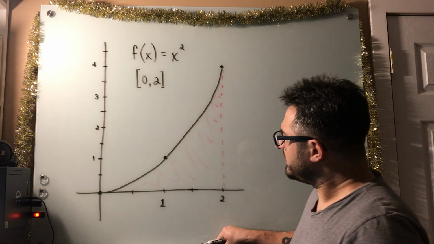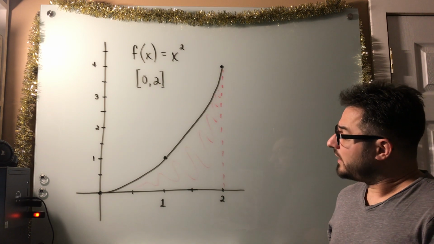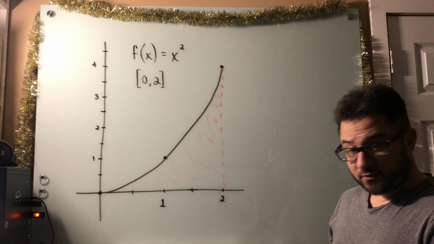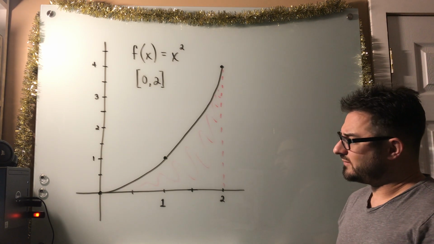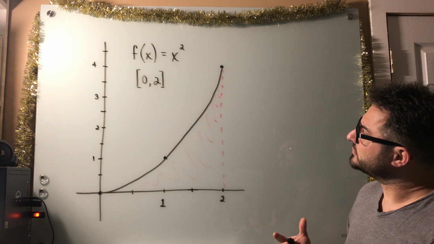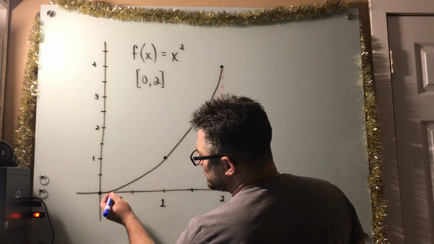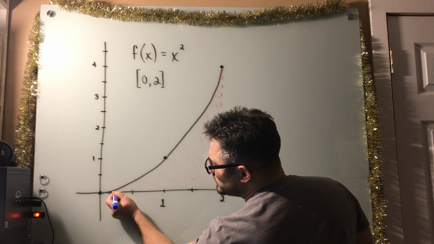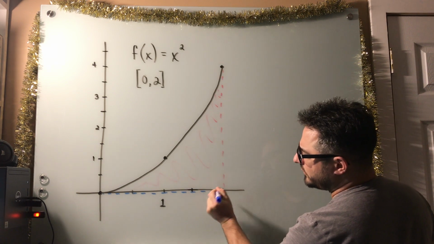Now, there are different ways to set this up, because first of all, it depends on how many rectangles we're using. Let's start with the idea of a single rectangle to represent the whole region. I suppose what we could do is have a rectangle whose base lies along the interval of the x-axis.